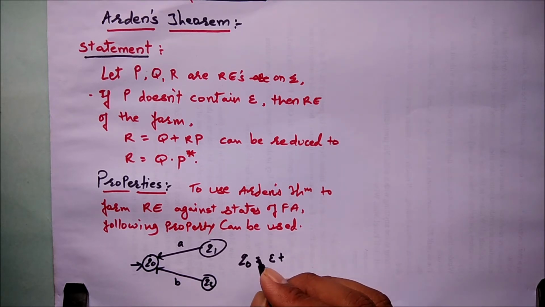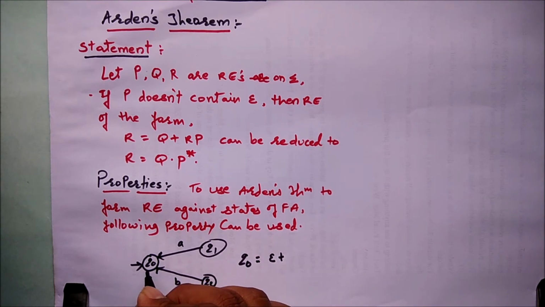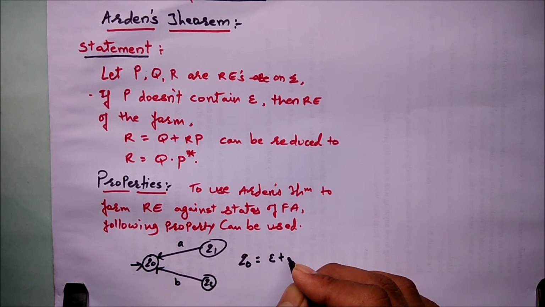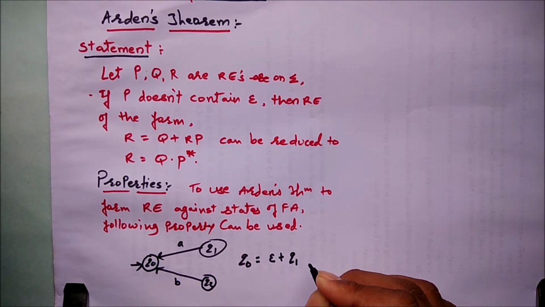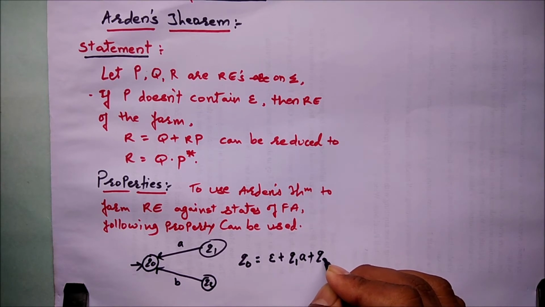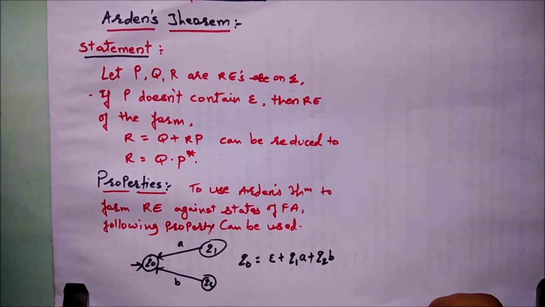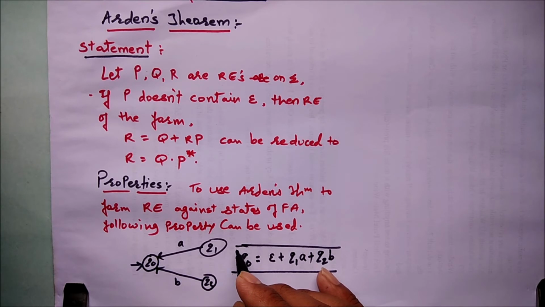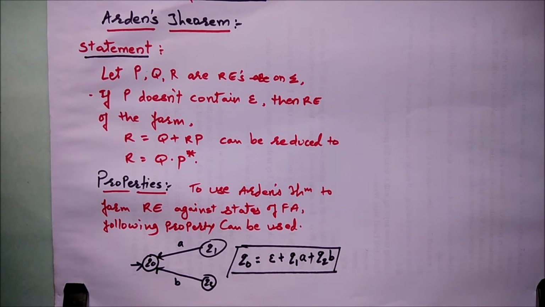I can see here Q1 is transiting to Q0, and Q2 is transiting to Q0 with their inputs, so that can be written as Q1 with input A plus Q2 with input B. So this becomes the equation for this given finite automata. This is the property that gives us understanding to solve this type of problems.